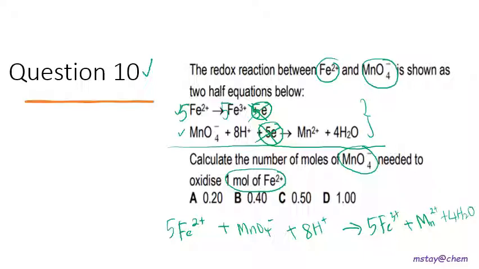When we look at this overall equation, the ratio is 5 to 1. So if I have 1 mole of Fe2+, the number of moles of MnO4- that we are going to use will be 0.2 mole only.